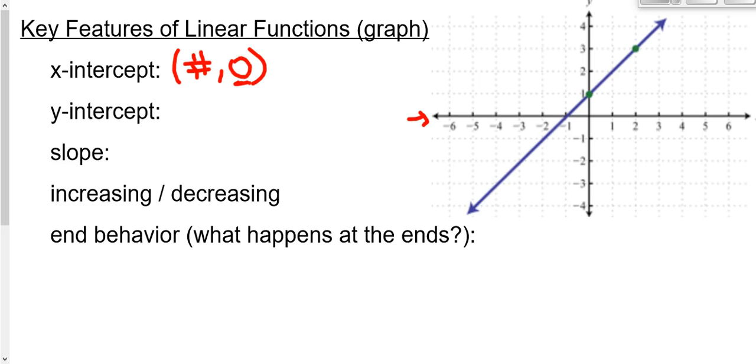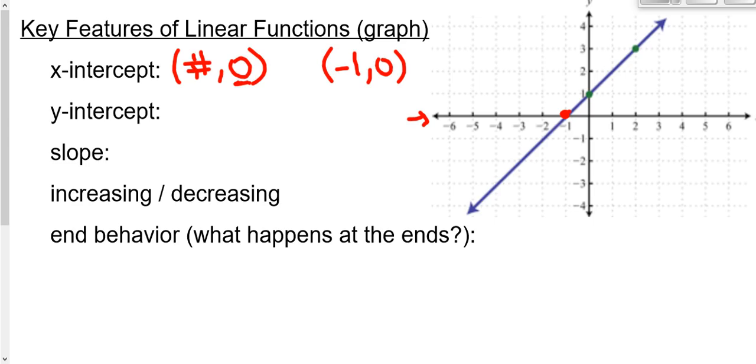And in this function that we have drawn on the right, this positive increasing line over here, it has an x-intercept right here where it crosses the x-axis, and that is the number -1. So our function is going to have an x-intercept at (-1, 0). So it crosses the x-axis at -1, and that's when the y value is 0.